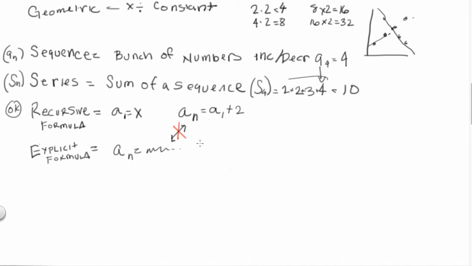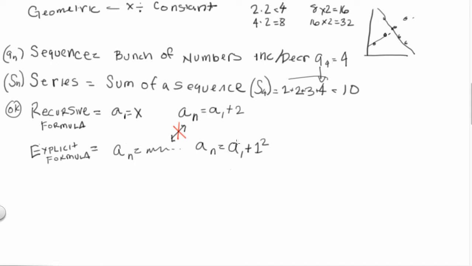This one, the explicit formula, on the other hand, will have the actual value and then the number that you need. You might have a1 and then some operation, plus, actually it would be something to the n, or something like that. They're not going to look exactly the same.